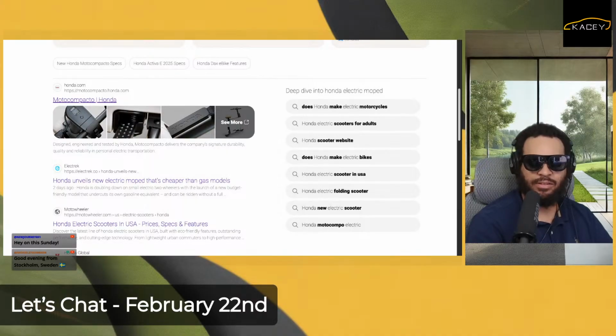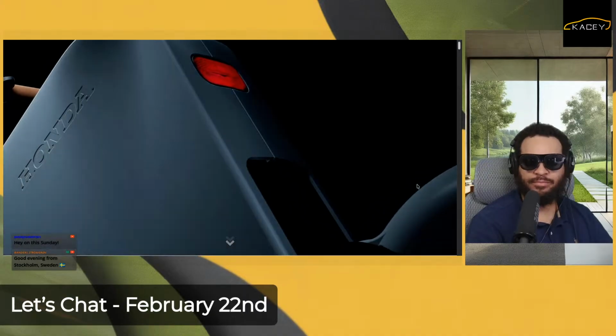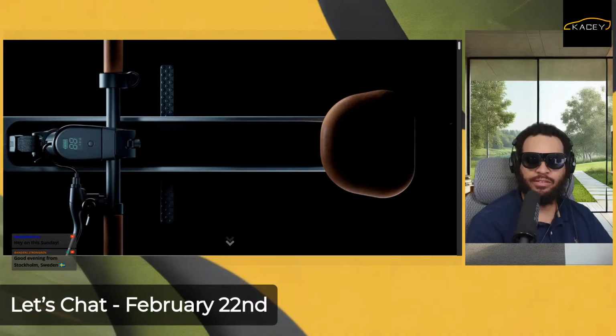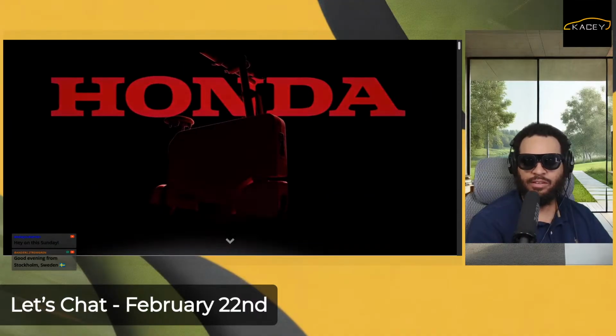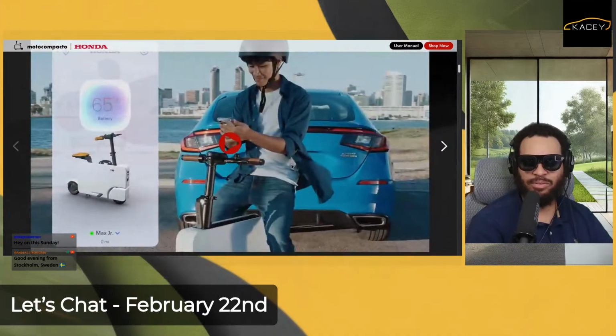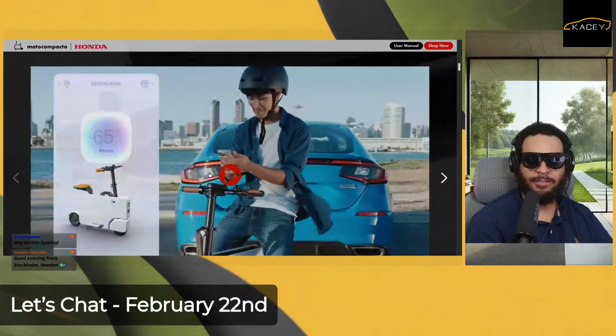Let's go there. It's pretty. Wait, is this the chair thing? This is the chair thing, the suitcase. I don't want that one. I want the one we just read about. I think this costs more than the moped. We don't want the moto compacto.